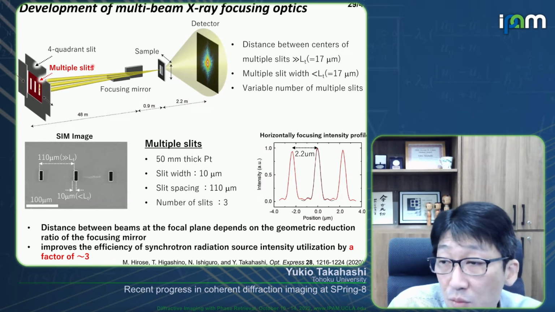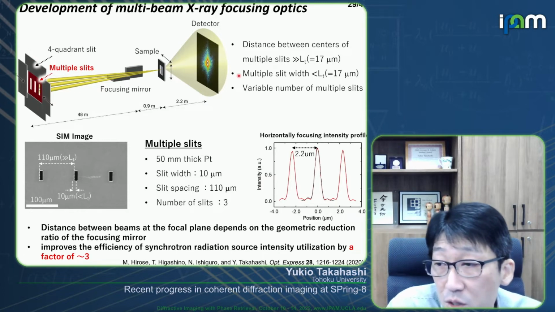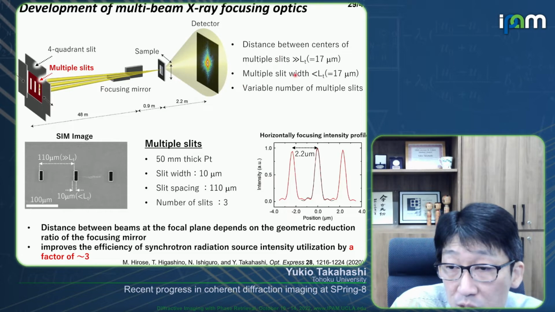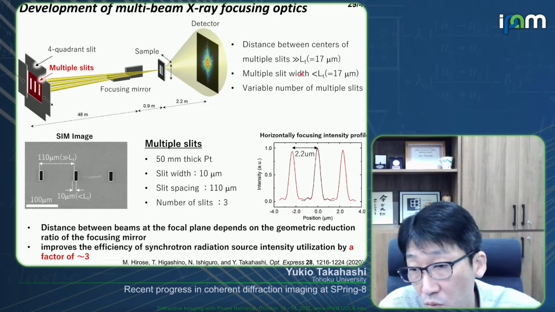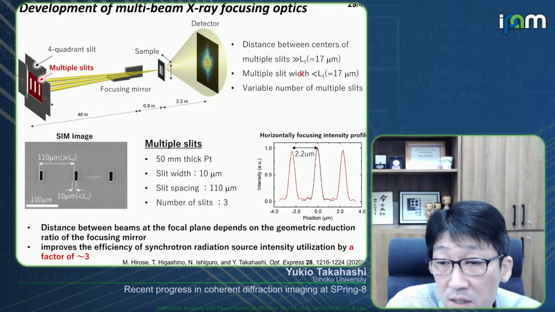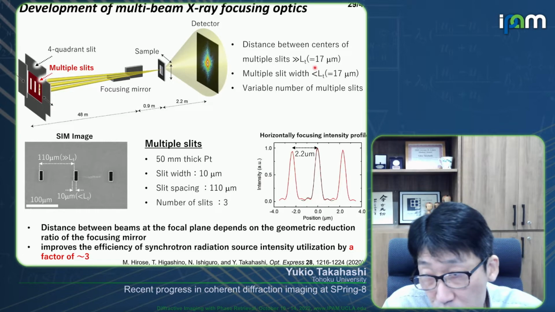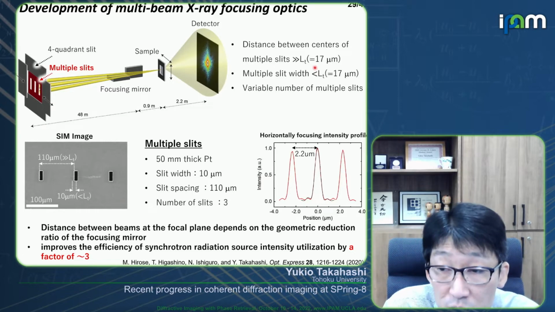The key point of this system is the arrangement of the multiple slits upstream of the sample. If the distance between the centers of the multiple slits is sufficiently wider than the coherence length, and the slit width is set smaller than the coherence length, the multiple beams do not interfere with each other spatially.